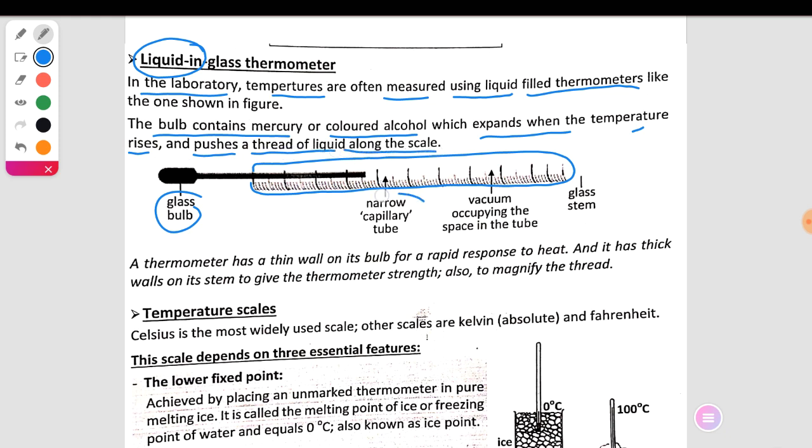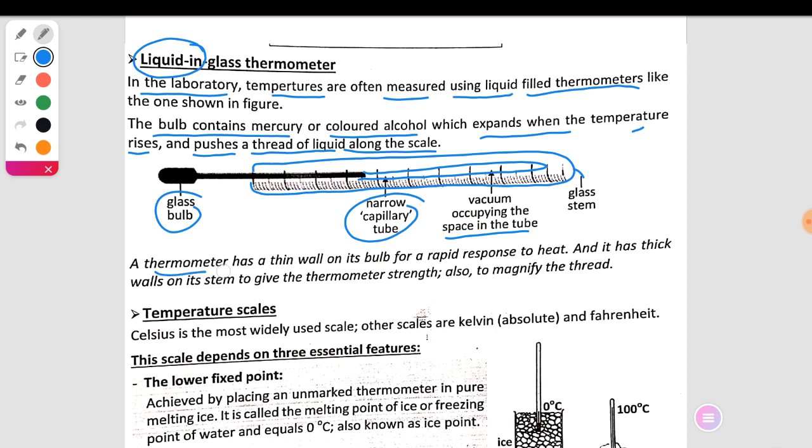This is the narrow capillary tube. This is the vacuum, which occupies the space of the tube. This is a glass tube, the glass stem.